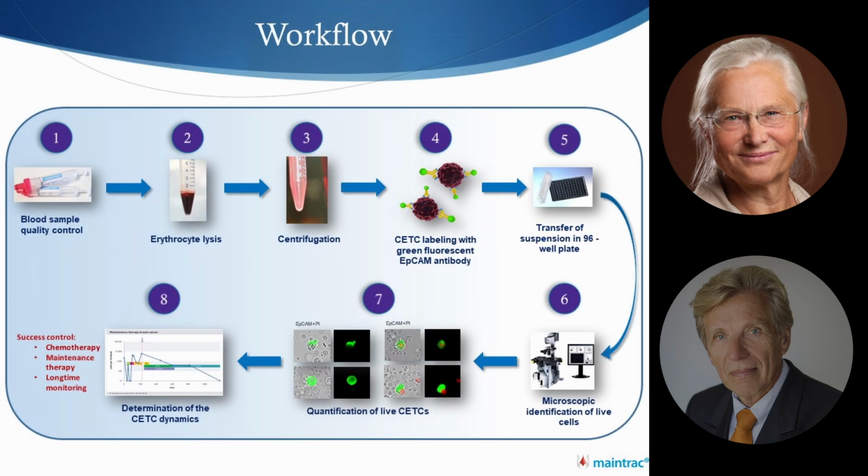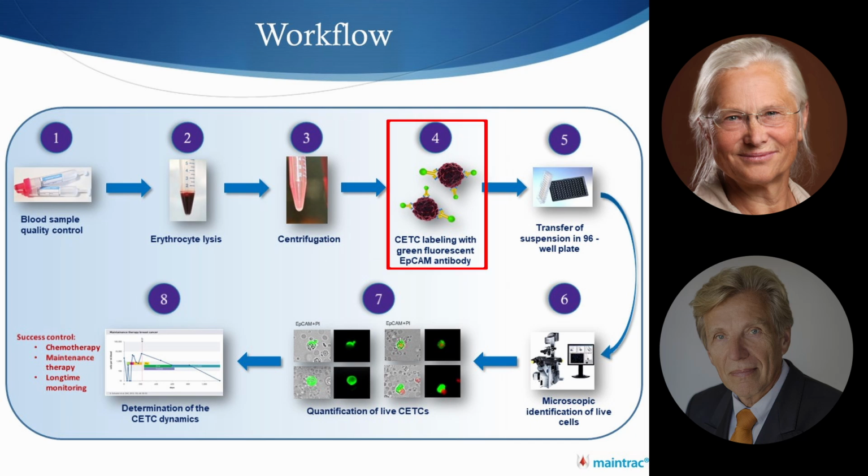How do we proceed? We get the samples from you. Then the only step which is performed is lysis of the red blood cells, which are 1,000-fold more than the white blood cells. Then we spin the white blood cells down, and this can be seen as a tiny little sediment.